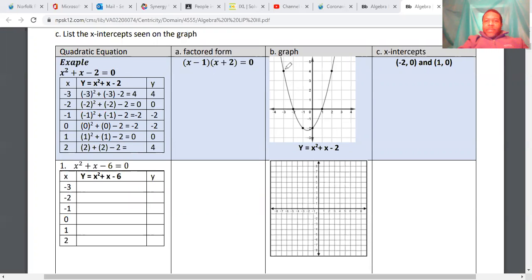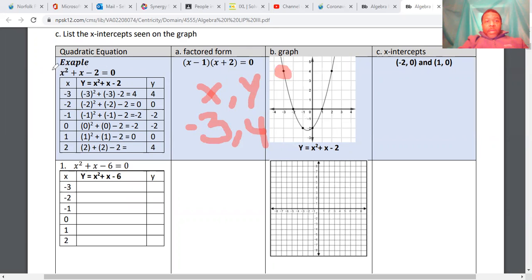What point is this? Now look at that. What point is that? Well, it's -3 and it's 4. So, if I were writing it, because remember it's x, comma, y, that would be -3, 4.